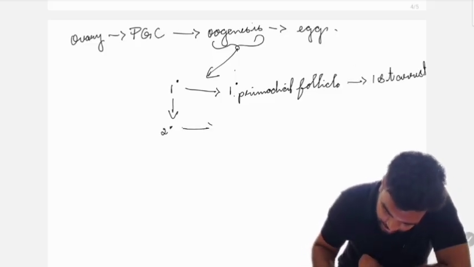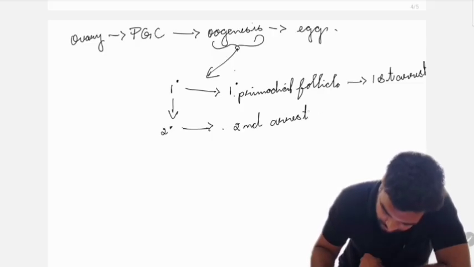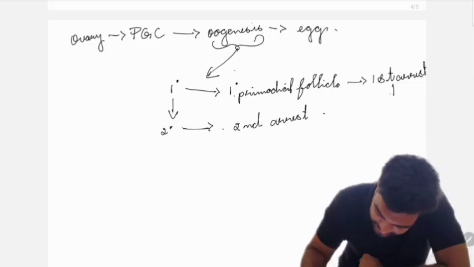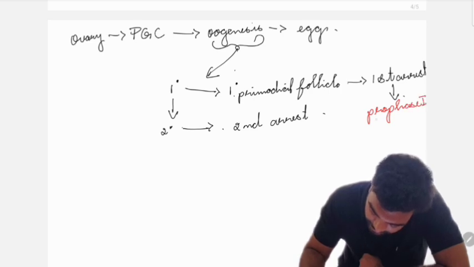Then the secondary oocyte will also undergo a second arrest. This first arrest takes place in prophase 1. Which particular stage of prophase 1? That is the diplotene stage.